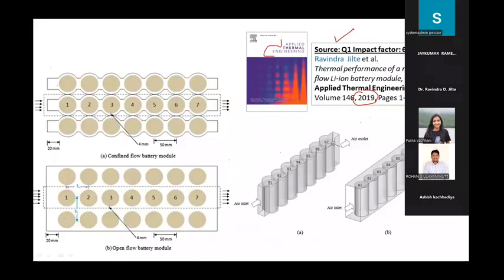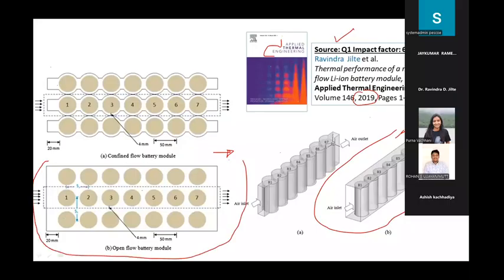The slight modification we adopted is, rather than passing the air in this fashion, we have all the options. Rather than studying the entire battery module, if the symmetry is there, you can utilize the symmetry. So we have only adopted this dotted zone, and that too looks like this.